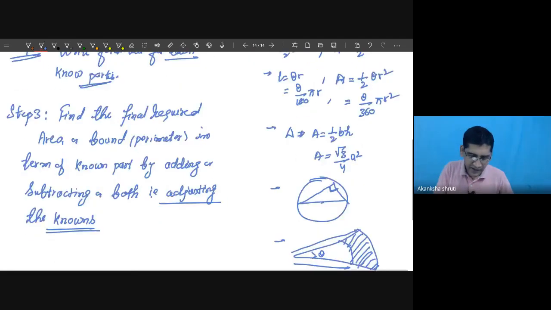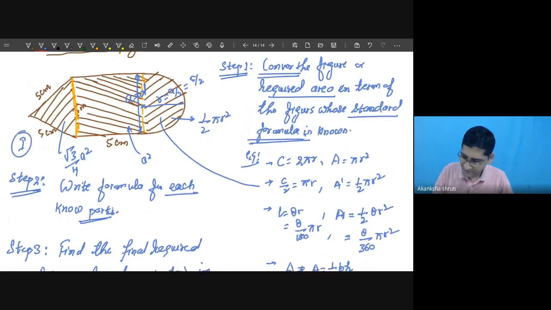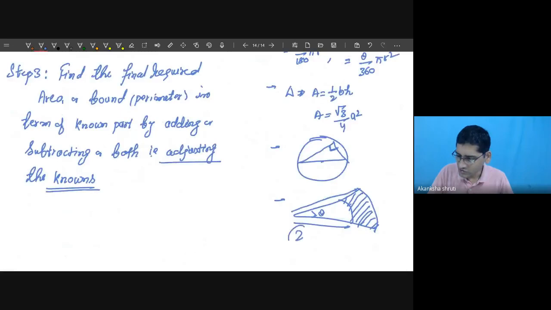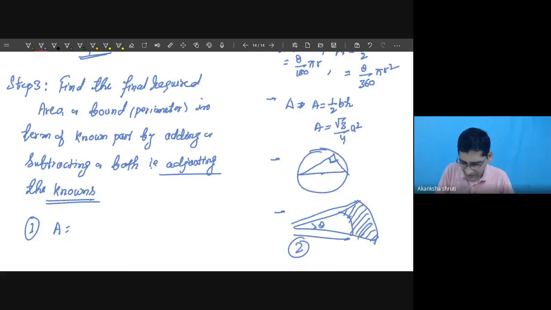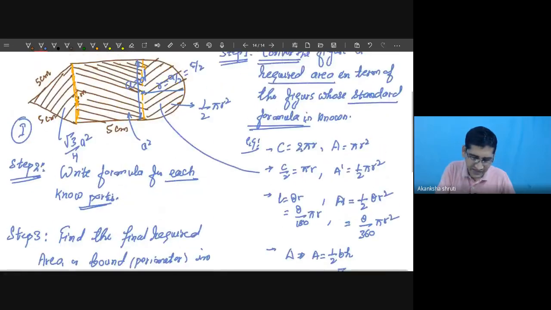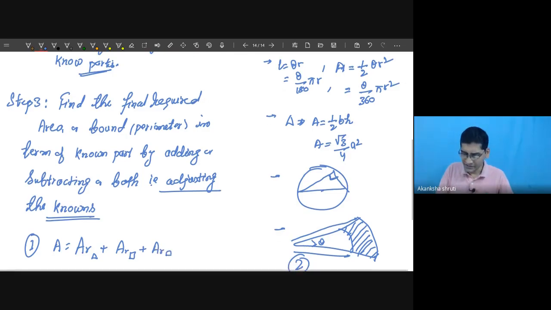For example, I have taken this as figure 1. Let me take this as figure 2. In figure 1, the required area is obtained by the area of the triangle, the left-hand equilateral triangle, then the area of the square, then the area of the semicircle. It's so simple.